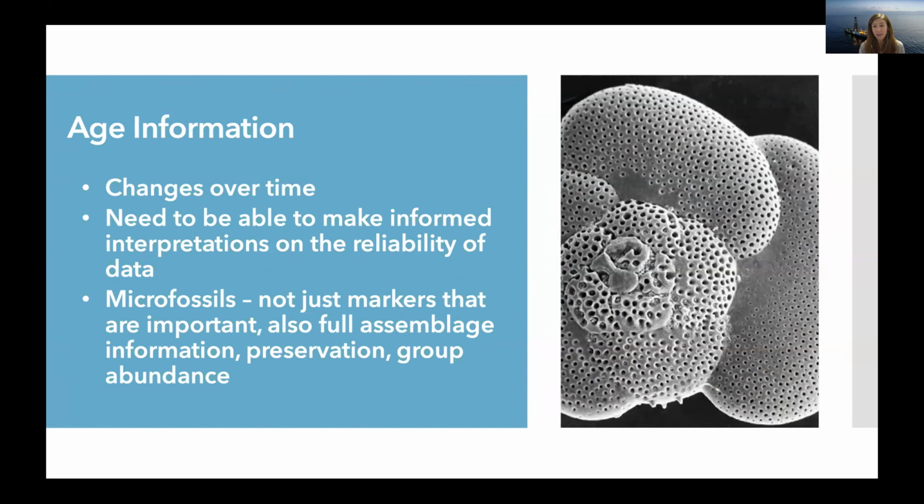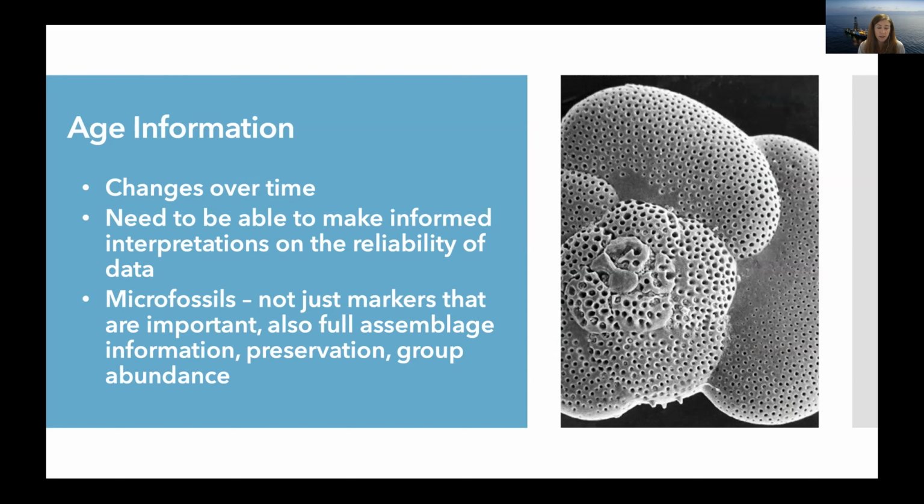Age information can be particularly challenging, not just because ages can change over time with different calibrations, but also the user needs to be able to make informed interpretations on the reliability of age model data.